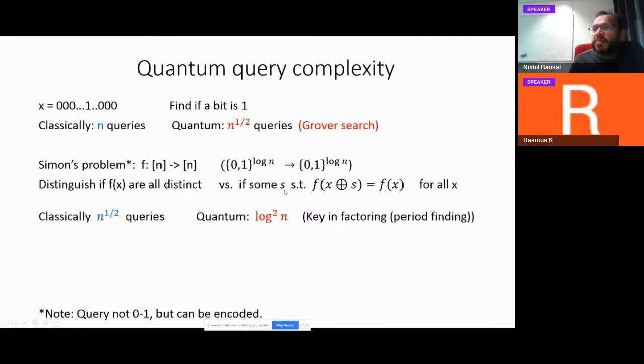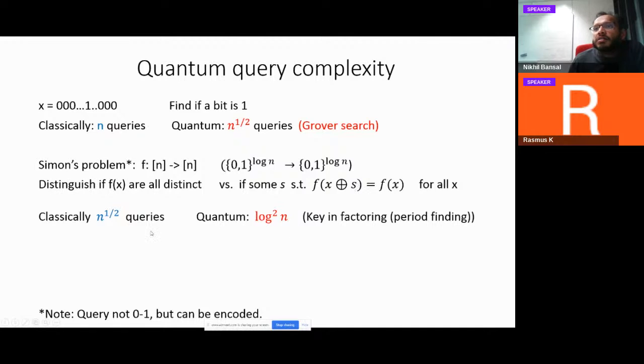There is some binary string s, and f(x XOR s) equals f(x) for every x. So then it's a 2-to-1 function, right? Every two values map to the same place in some very specific way. And in Simon's problem, you are supposed to figure out this hidden string s.